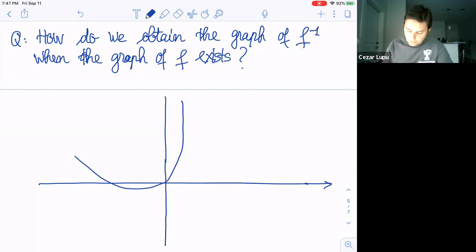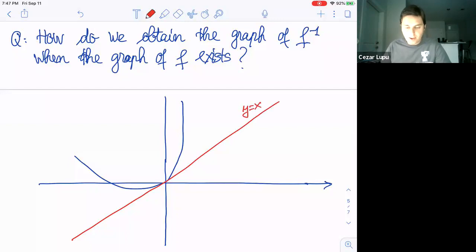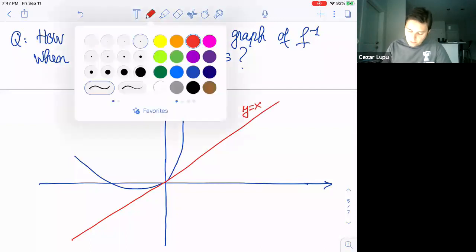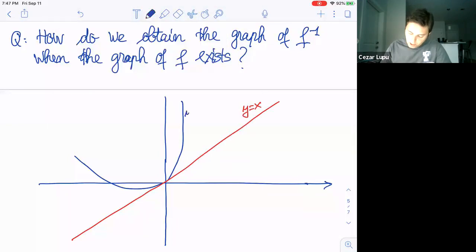Now I'm going to draw this famous line, the first bisector it's called, y equals x. So this is y equals f of x.